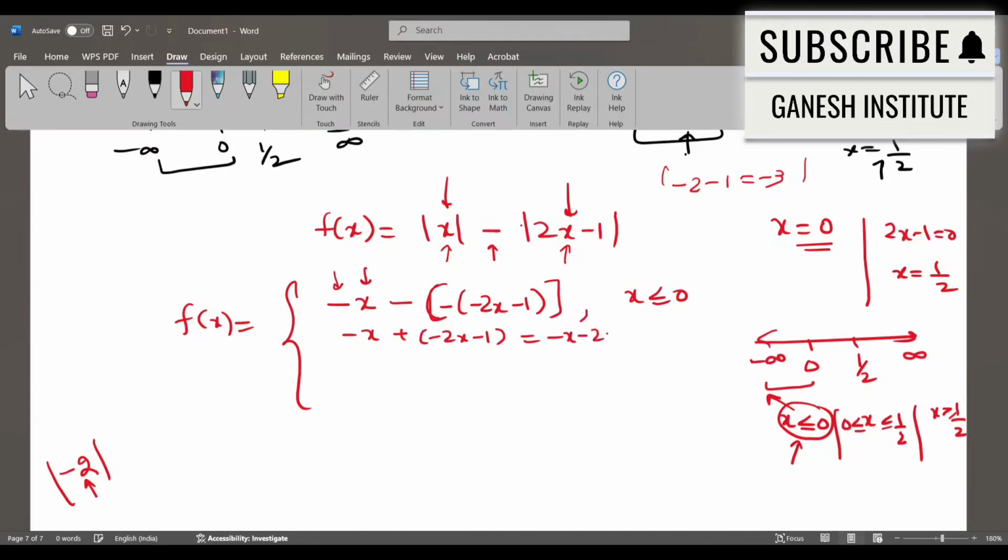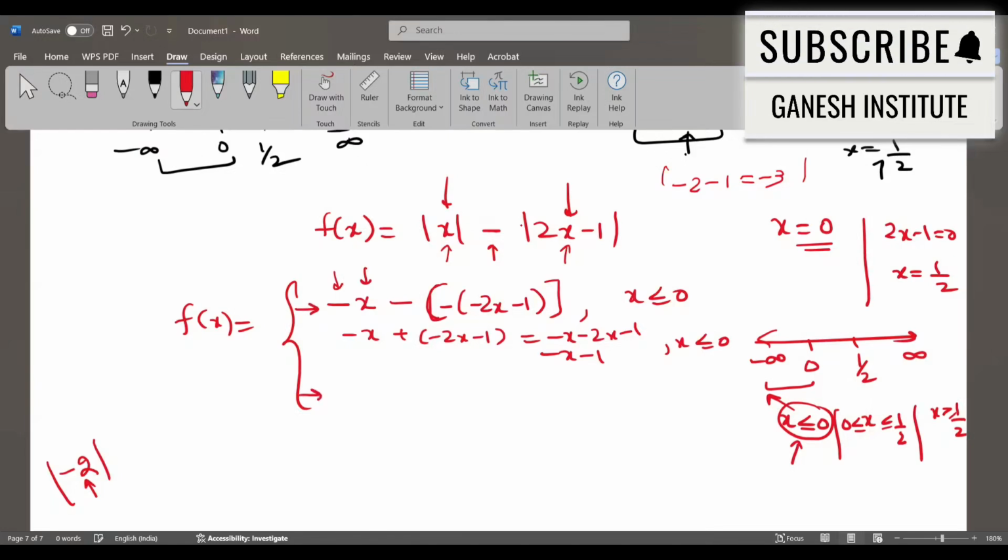But if the domain is -1 to 2, then you can only take values that are between 0 and -1, right? Yes, that will come to it. This is one.